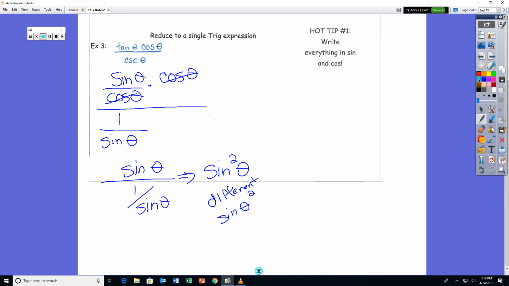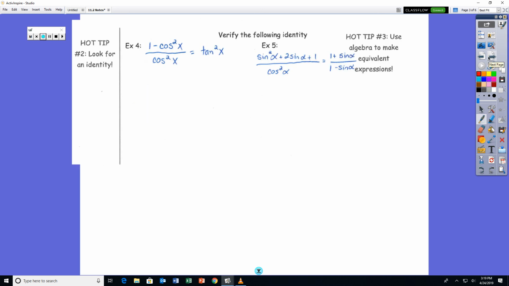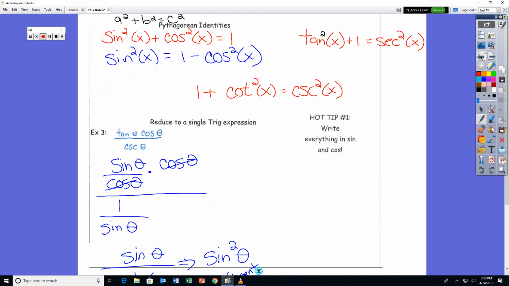The second one on the next page. Alright, we're trying to verify our identity. Is going to be a couple more steps here. Take a look. My right hand side there, I'm going to want to leave that alone because that looks like the simpler one. So I have 1 minus cosine squared x. This here looks like one of our identities from the last page. 1 minus cosine squared of x.